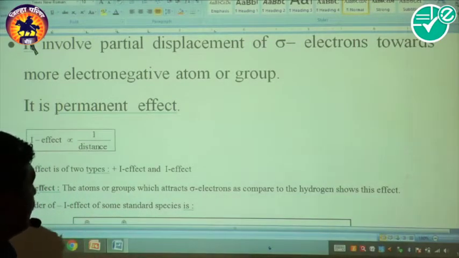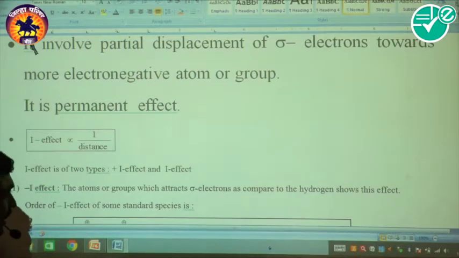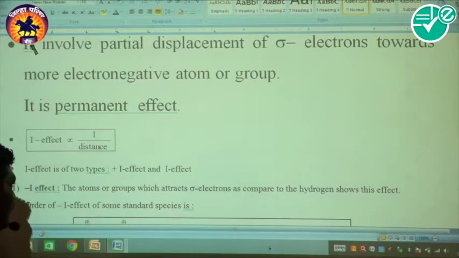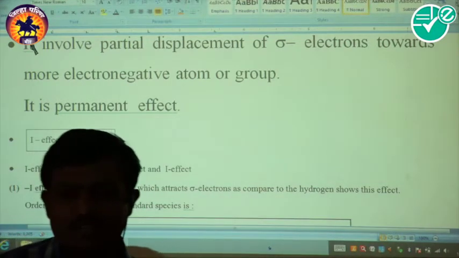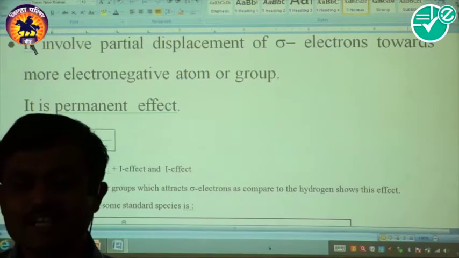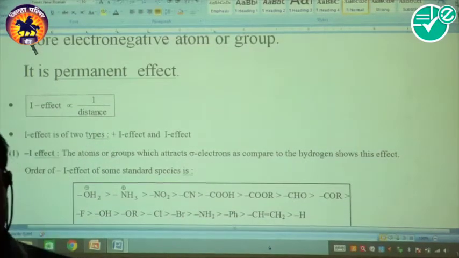So what is the negative inductive effect? The negative inductive effect is shown by the element having more electronegativity. So the more electronegative element shows the negative inductive effect. The less electronegative element shows the positive inductive effect.